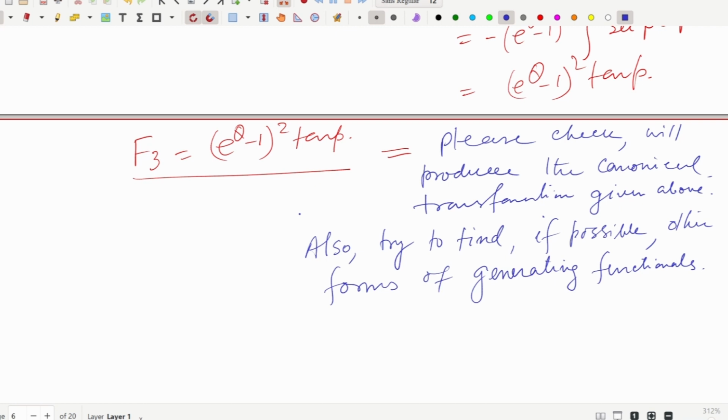So, the next problem we will consider, a few more problems we will consider. Problem 5, a transformation, again regarding generating functionals, because finding a generating functional is the difficult one for the student. So, I am spending more time, considering more examples on finding generating functionals.